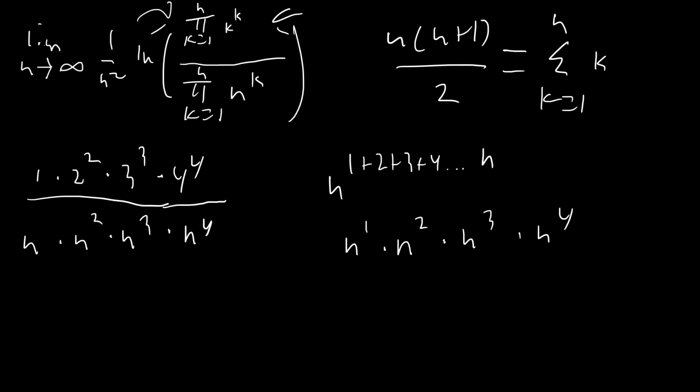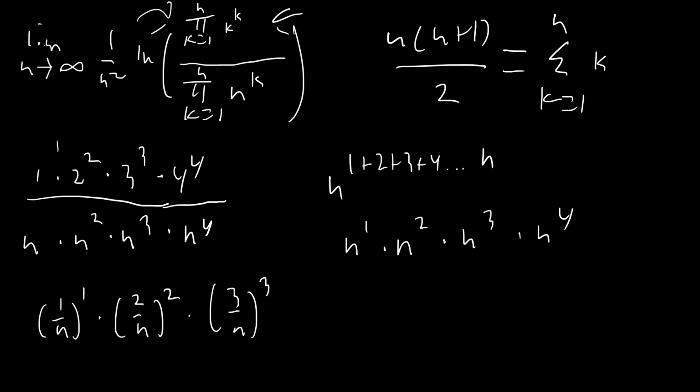So we can write it like this, 1 over n to the 1. Actually, I'll do this on a separate line because that looks kind of wrong. Write this as 1 over n to the 1 times 2 over n to the 2 times 3 over n to the 3. We can make this one big infinite product. So I'm going to go ahead and erase this.